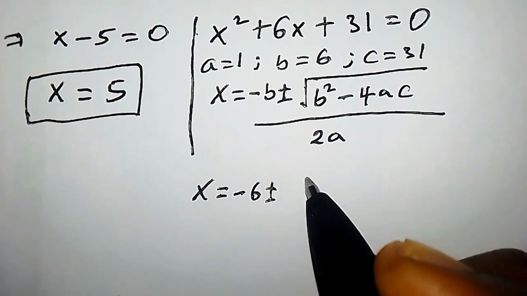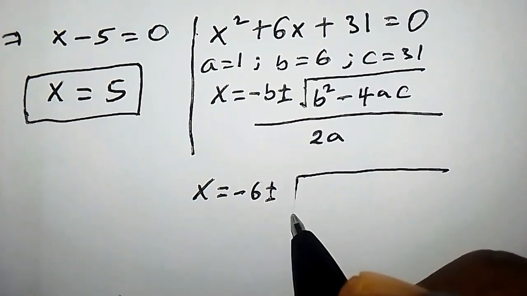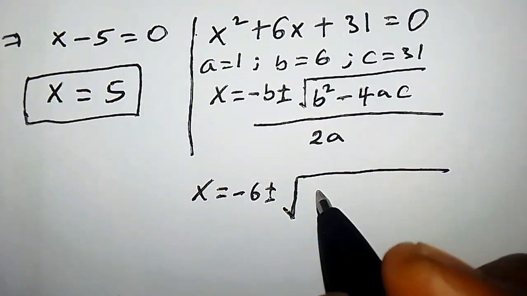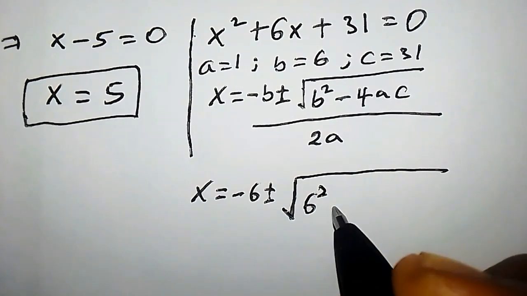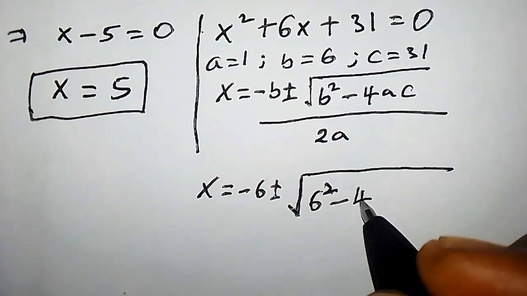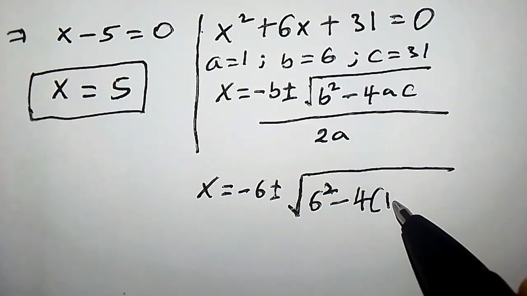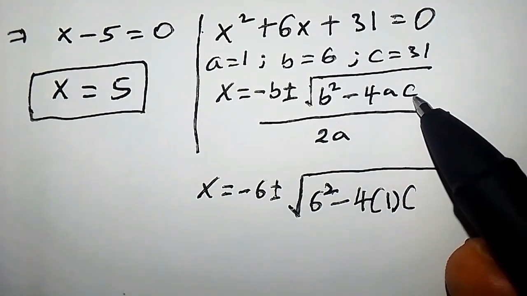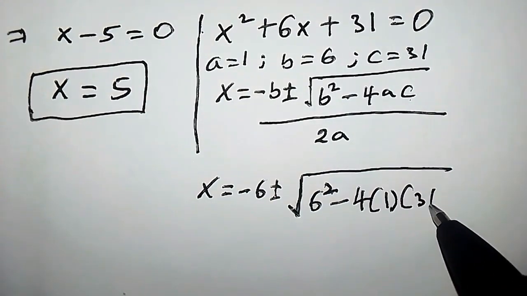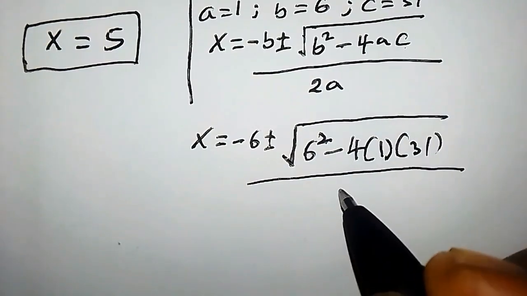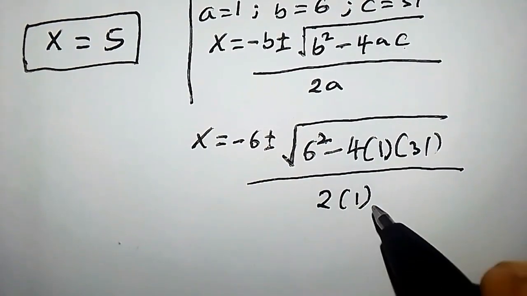Plus or minus square root of b squared, that will be 6 squared, minus 4 into, what is the value of a? a is 1, into the value of c, that is 31, all divided by 2 into 1.